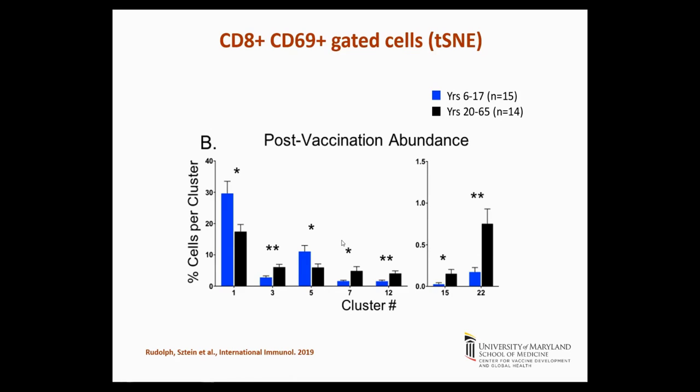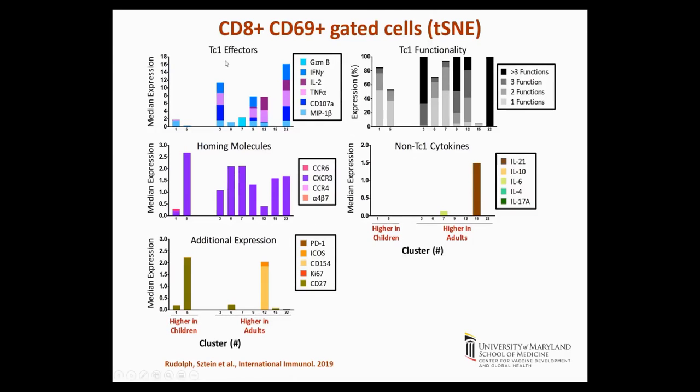Now, this is not very relevant unless you know what is in those clusters. So we use gating out of those clusters to identify the characteristics in each of those clusters.